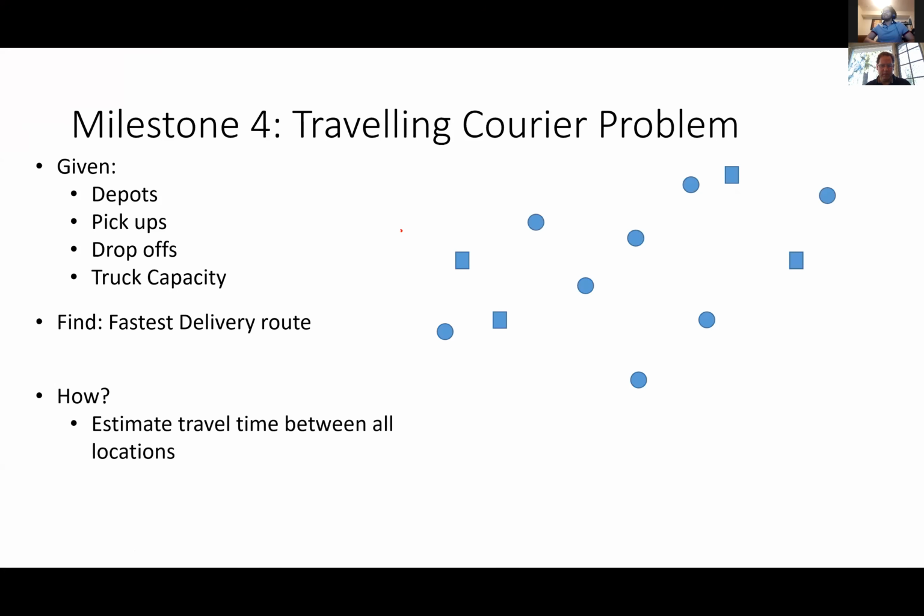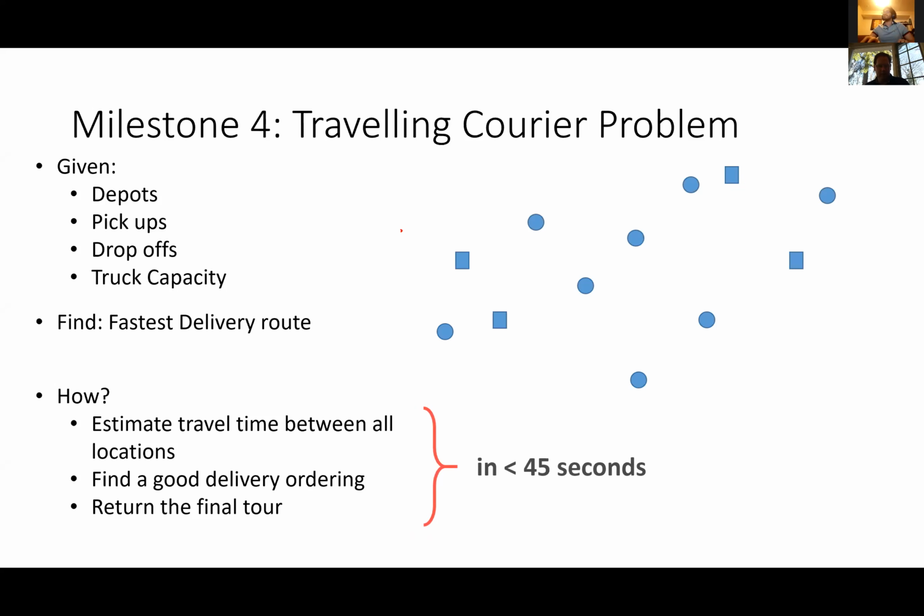One method is to estimate the time between all locations, and given that, find a good delivery ordering. This is a very computationally difficult problem. And then finally, you want to return that to the user. Once you know the travel time between all locations and have ordered them, you can give the final one back to the user.